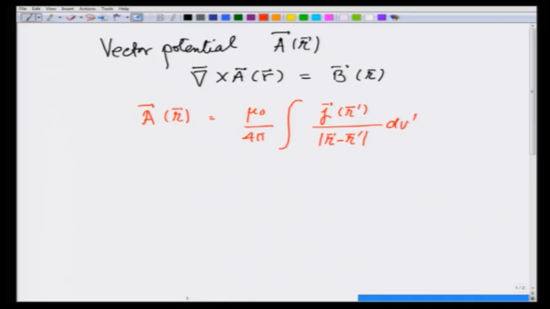And we solved a couple of examples for different current distributions giving rise to A.